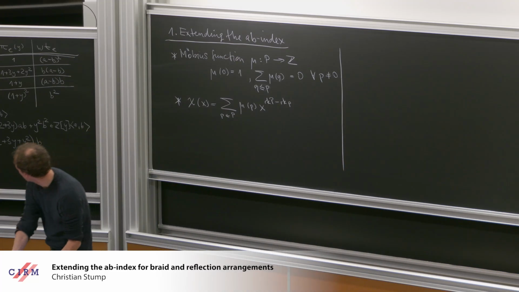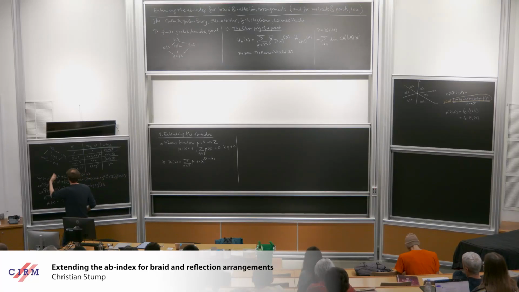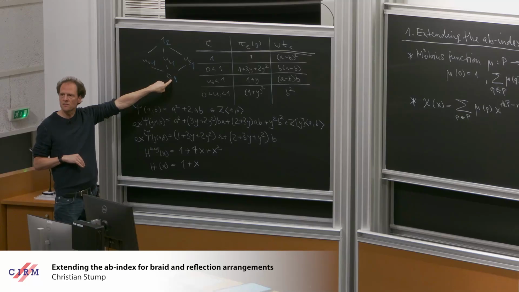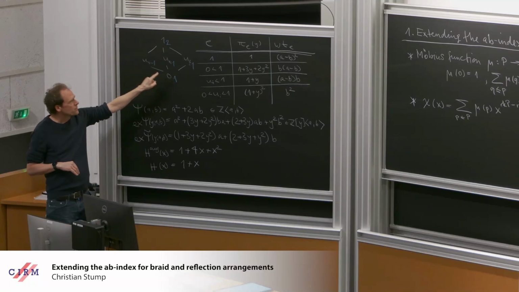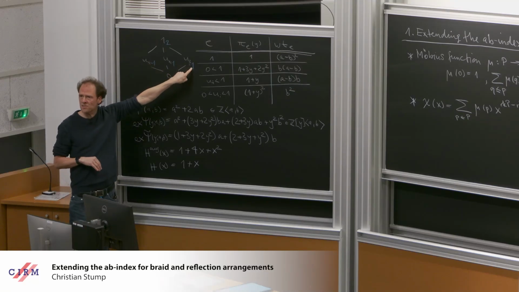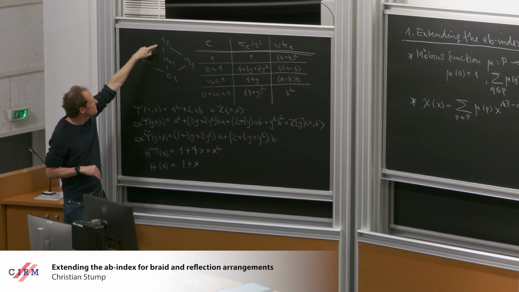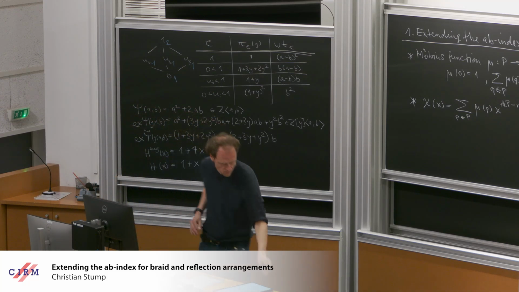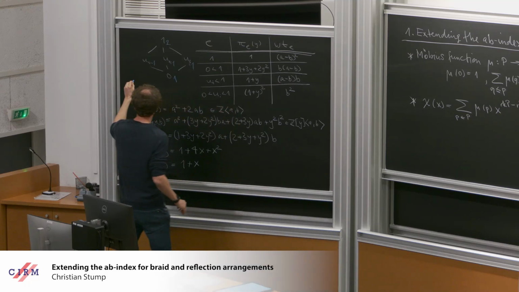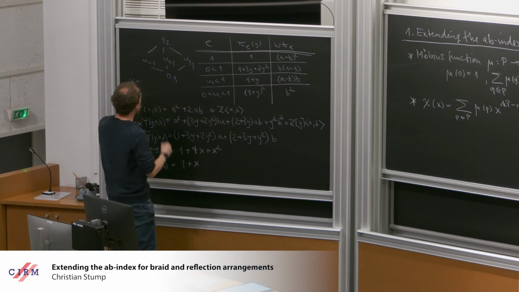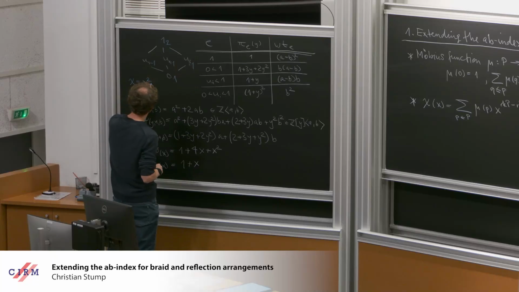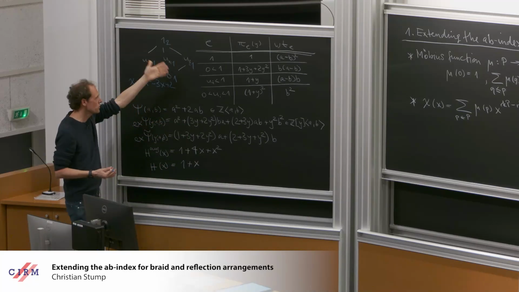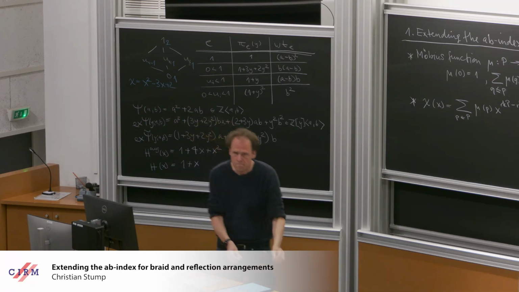In this example, we would get an x squared here, we would get minus 3x, and we would get a 2. So the characteristic polynomial would be x squared minus 3x plus 2. You just take the generating function.